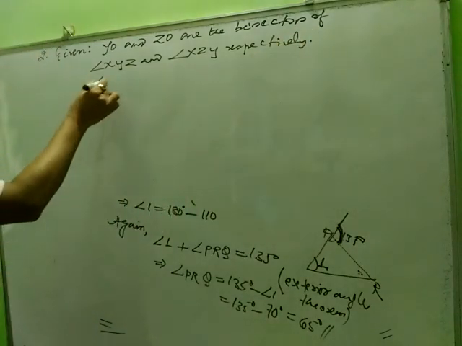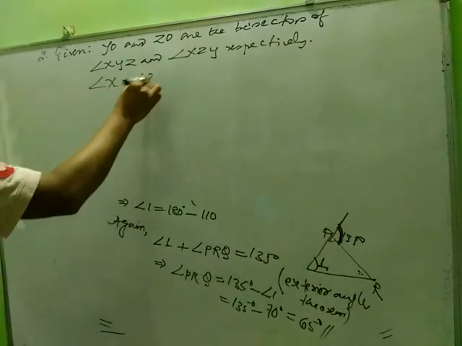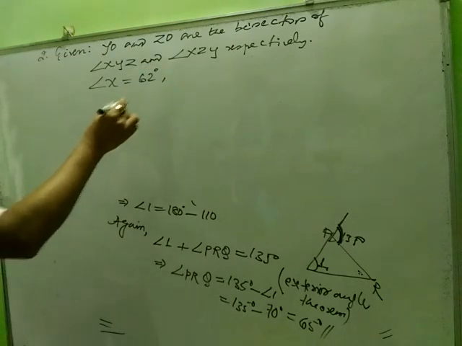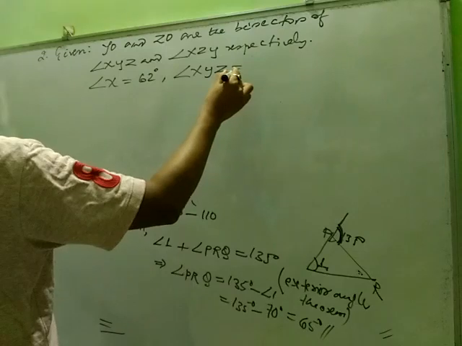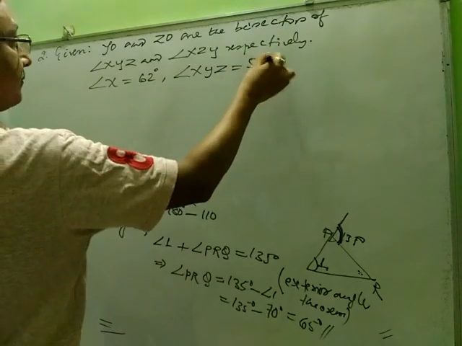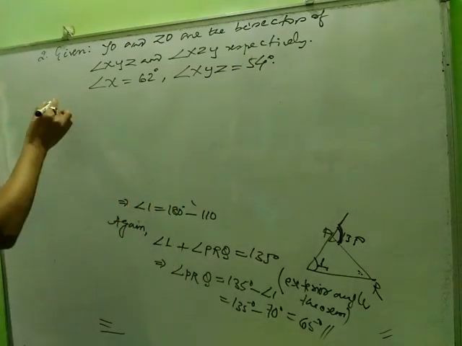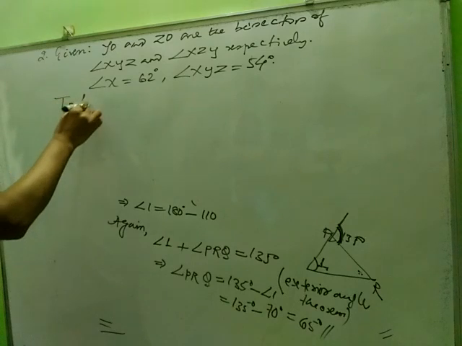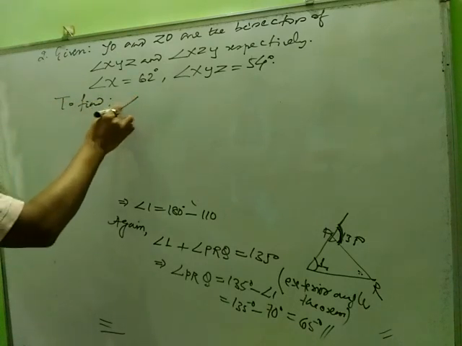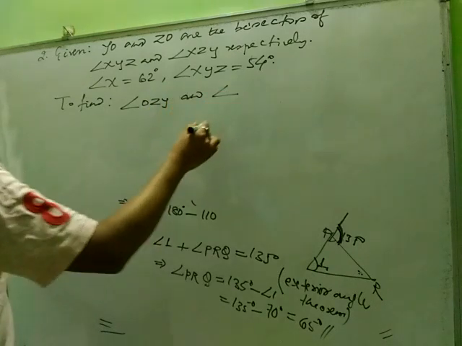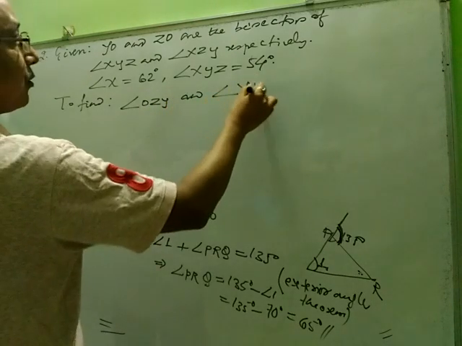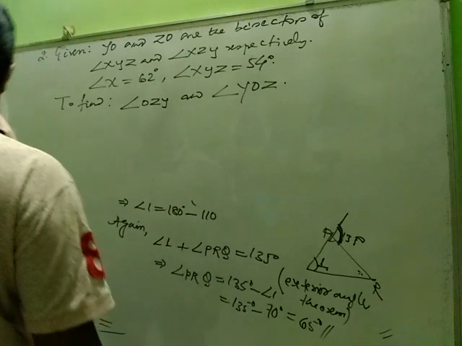Angle X equals 62 degrees, angle XYZ equals 54 degrees. Now, find angle OZY and angle YOZ.